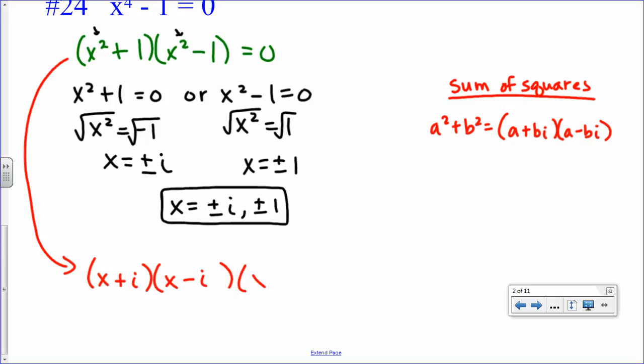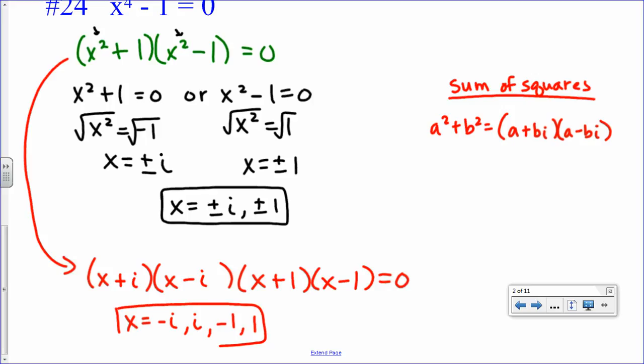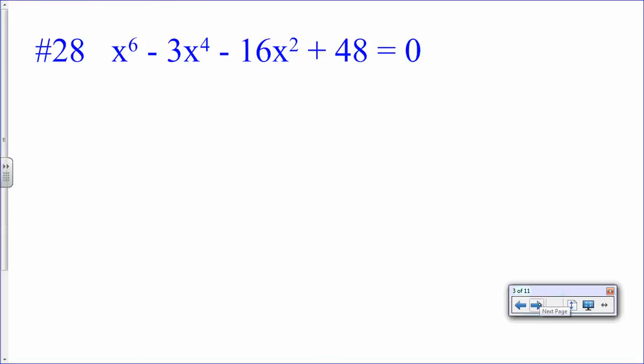And then difference of squares, x plus 1, x minus 1. Then here's your 4 solutions. Negative I, positive I, negative 1, positive 1. Okay. This one is easier to do it with quadratic factors, but you are still able to get linear factors. Yes. Yes. Okay. Okay, let's look at another one.